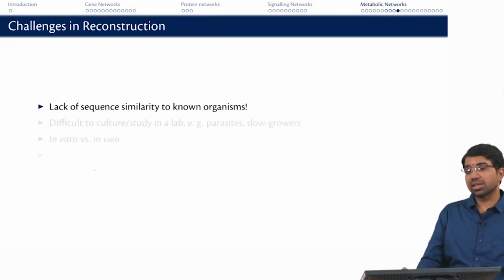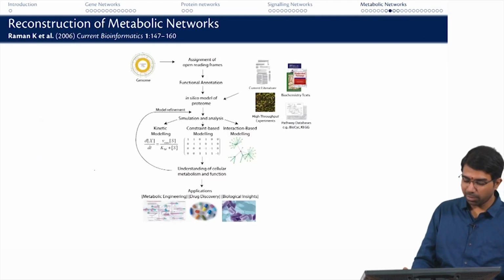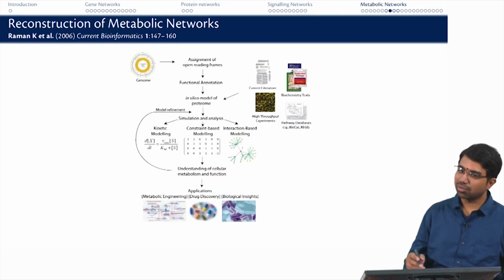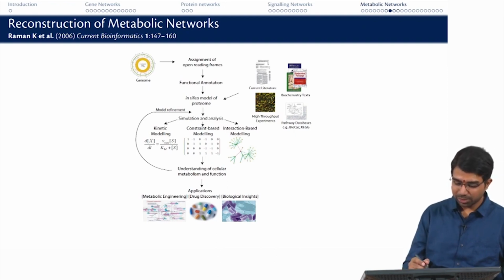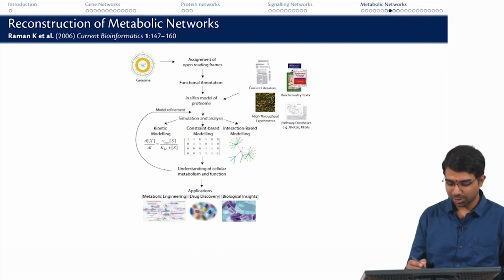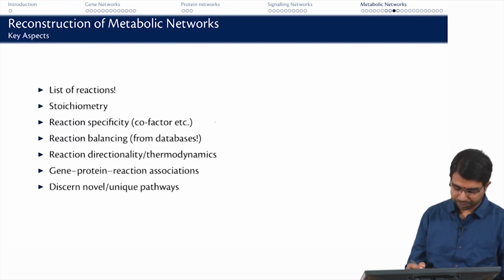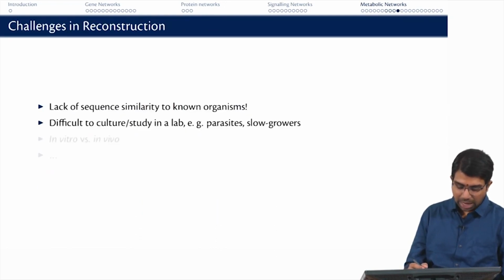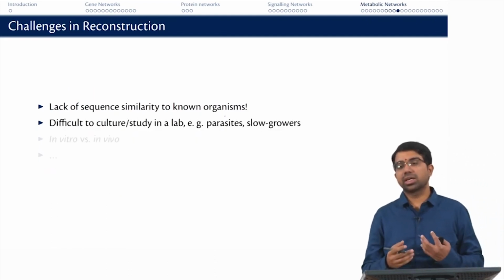What are the challenges in reconstruction? Every step of this process is fraught with difficulties. If it is a new genome, how will you functionally annotate it in the first place? You are hoping that you will have enough similarity to existing genomes. So, that becomes a challenge, and some organisms are very difficult to culture or study in a lab.